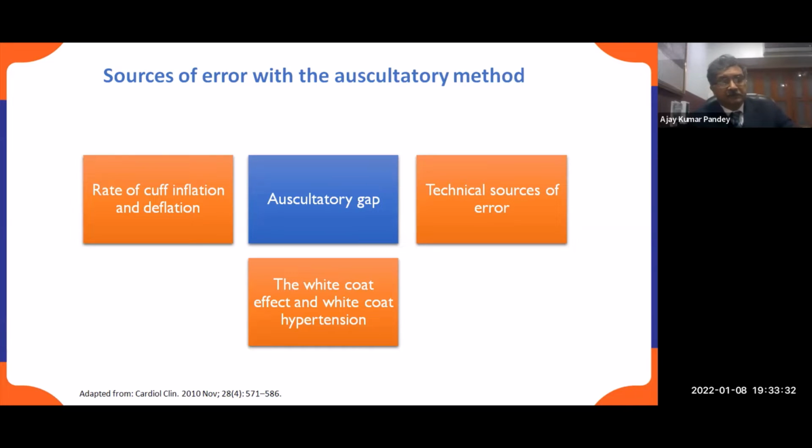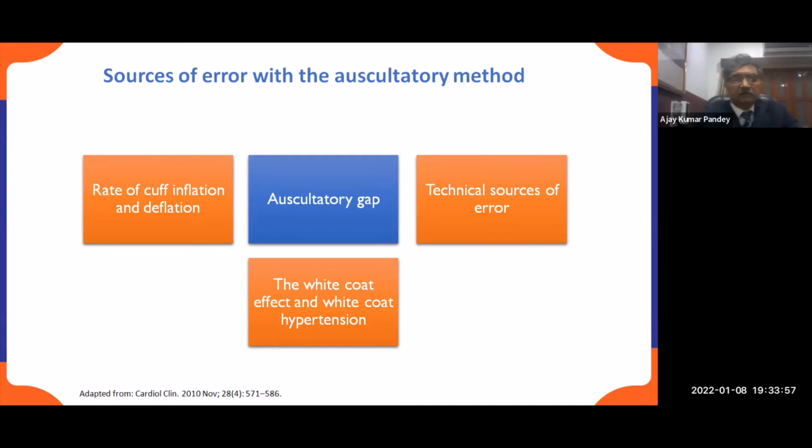But when we start listening by the auscultatory method with a stethoscope, initially the Korotkoff sound appears, then there is a loss of the sound, and again after some 20, 30, 40 millimeters of mercury, the Korotkoff sound starts again. This is called an auscultatory gap. The etiology is not exactly clear, but it is seen in a few patients.